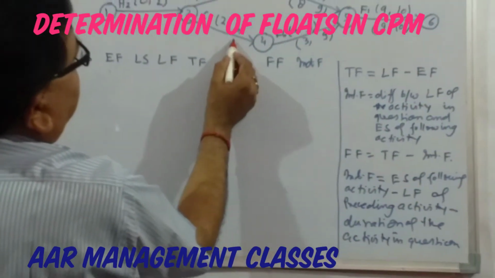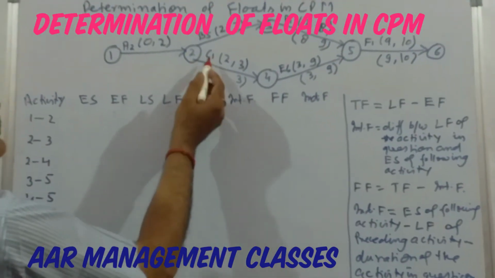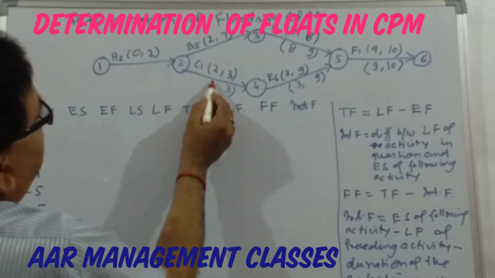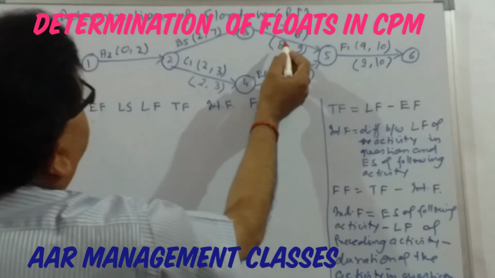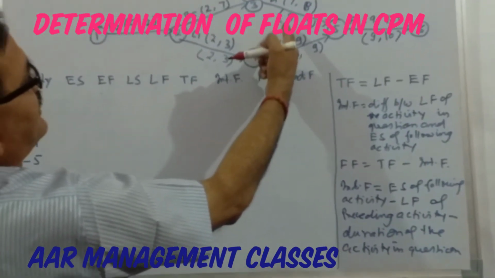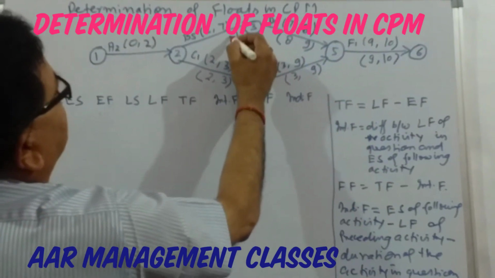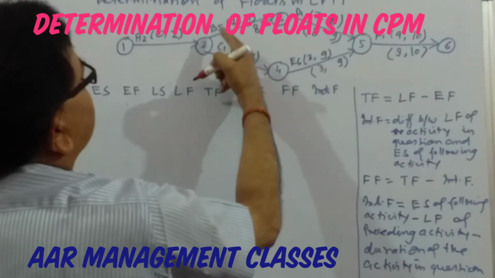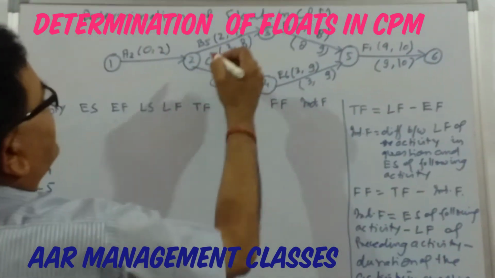Here it is 3. So now the duration of the activity will be subtracted from it, that is 3 minus 1, so 2. And here the latest start time for activity D will become the latest finish time of activity B. So subtract the duration of activity B, that is 5, so here it is 3.